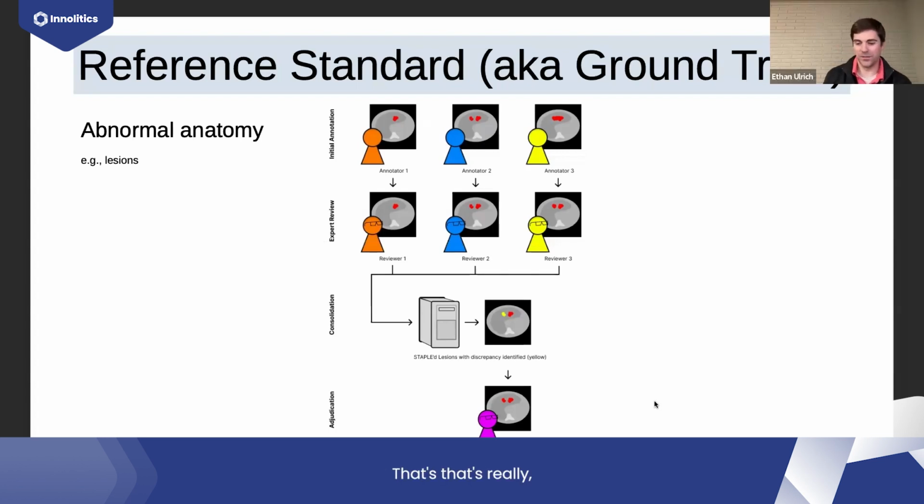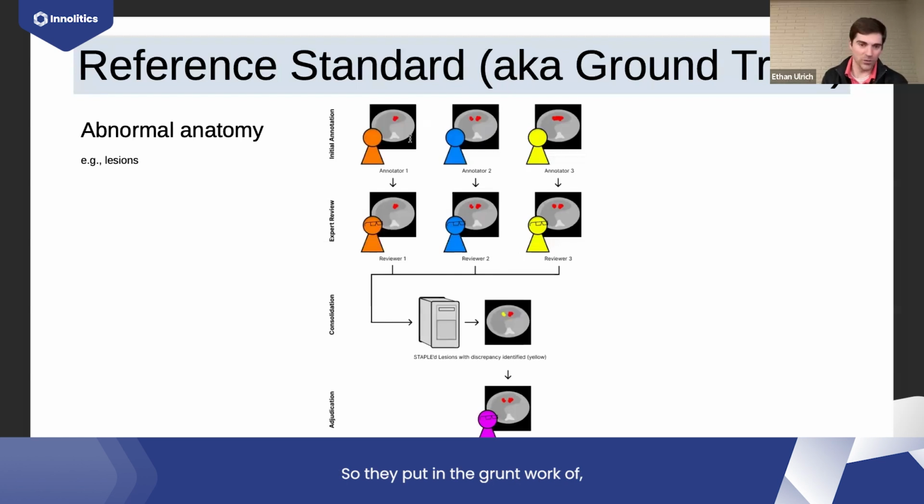That's really a good point, because why even have this first step where there are annotators whose work is then passed on to another set of three people? One of the reasons is sometimes this first step can take multiple hours. Like I said at the start, these could be radiologists maybe outside the US or from an annotation service that are not necessarily experts, but they're cheaper than reviewers that have 10 years of experience.